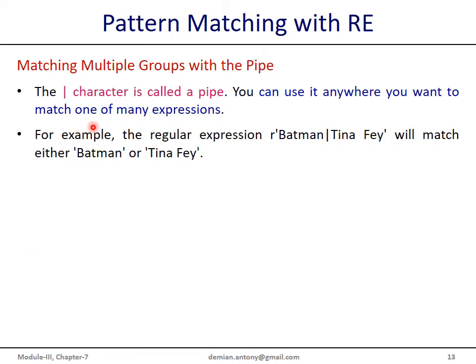The role of the pipe character. The pipe character can be used to match one of many expressions. For example, if we write a regular expression like this, two patterns combined with the pipe, this regular expression will match either Batman or this second string.